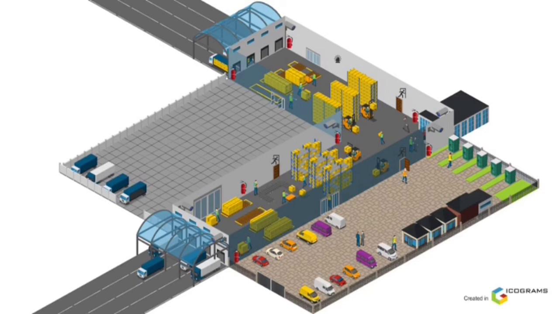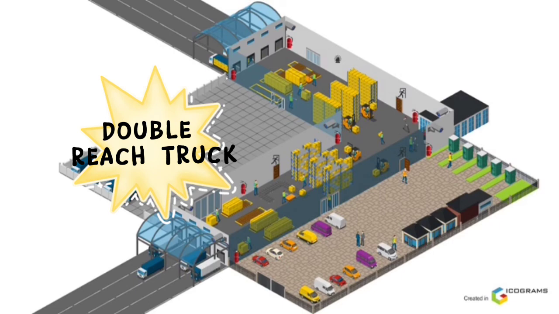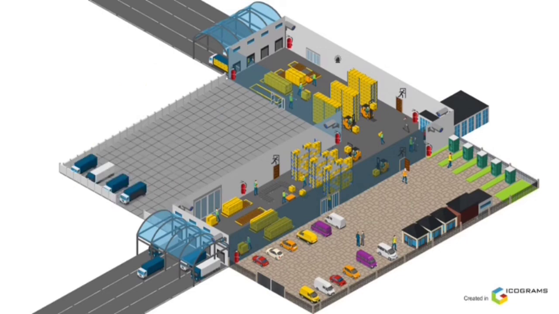Now I will explain about the double reach truck. The RD series is a narrow rider reach truck with deep reach forks that allow the truck to deposit or retrieve pallets that are positioned in the rack too deep.